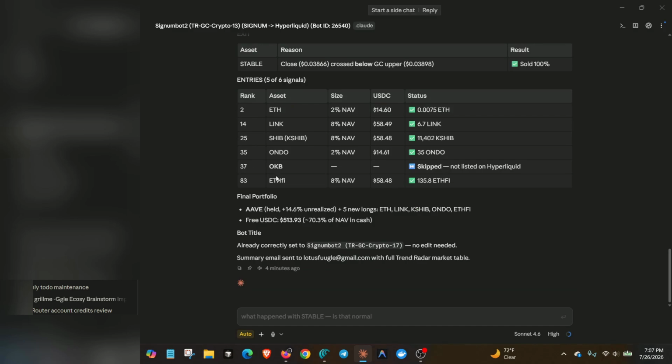Again, reviews the final entries of the longs and the one that was skipped. Shows us a final portfolio breakdown, and it did indeed send the email.